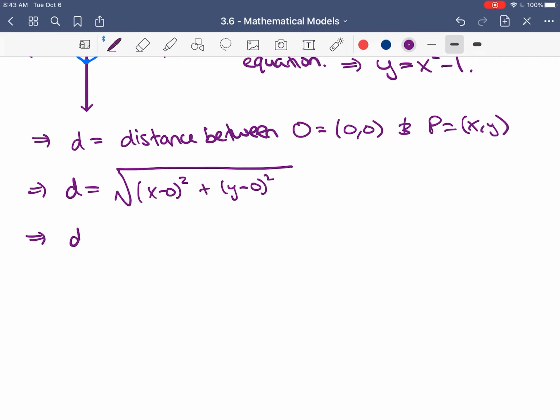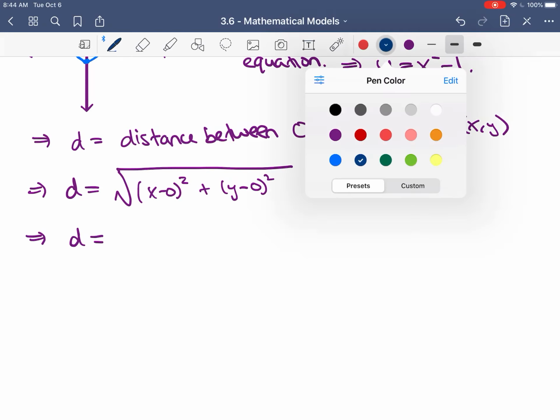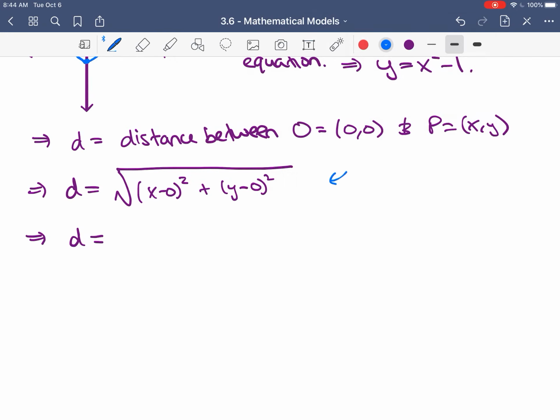Now, we want D in terms of only x. Right now, here we have D in terms of both x and y, so we want to get rid of the y. Let's simplify this.